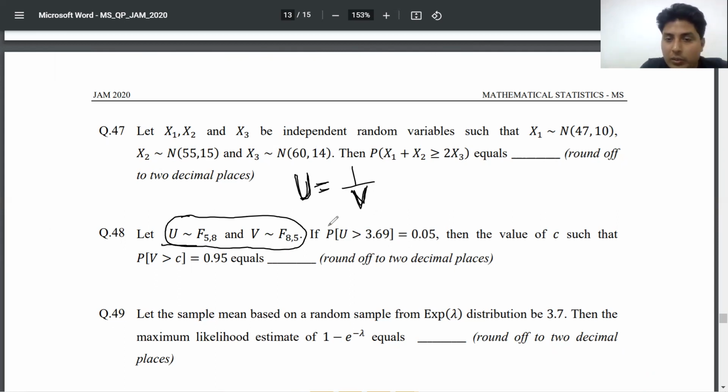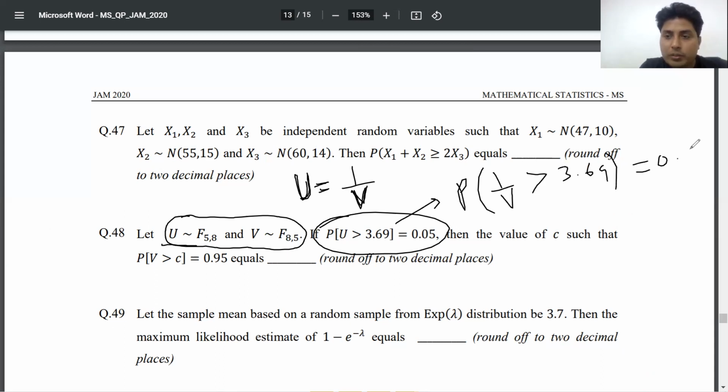So I will proceed with this only. Then the value of C such that probability of V more than C equals 0.95. So we'll start with this.